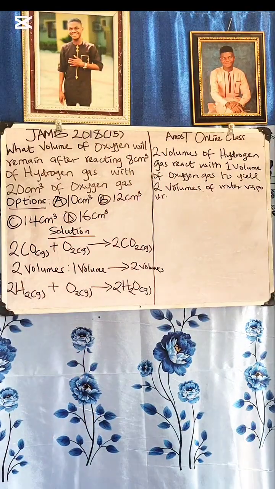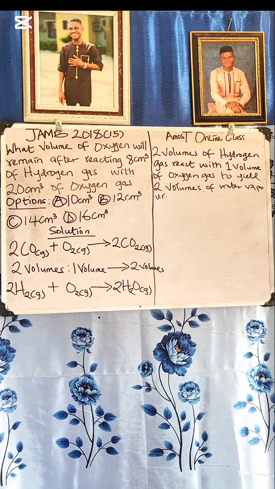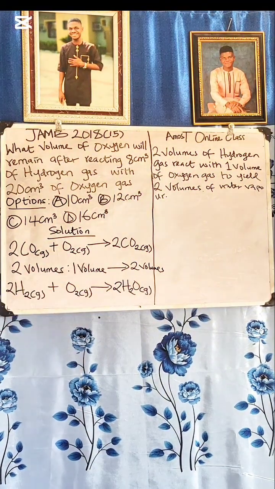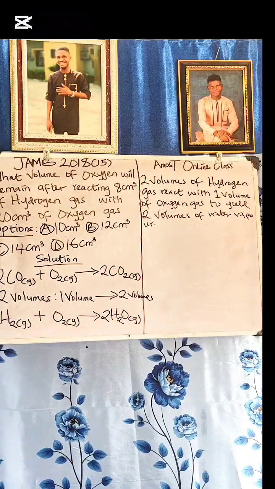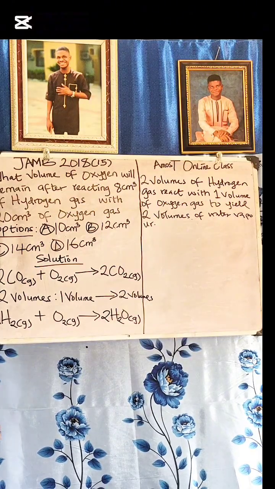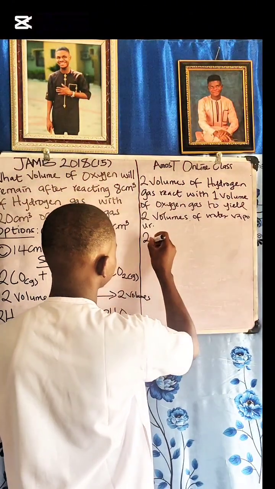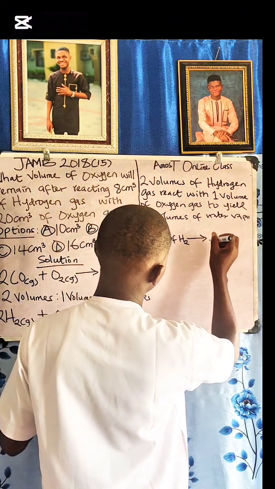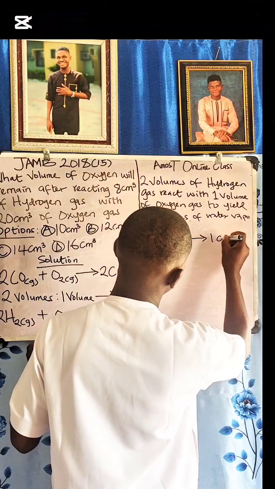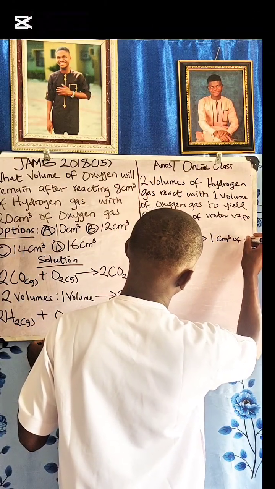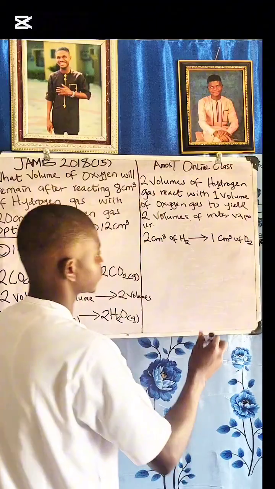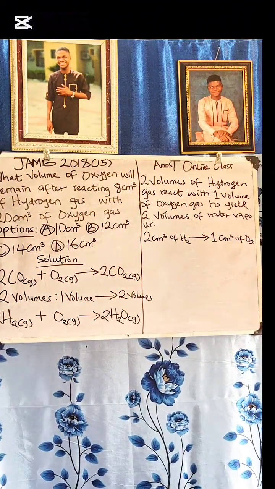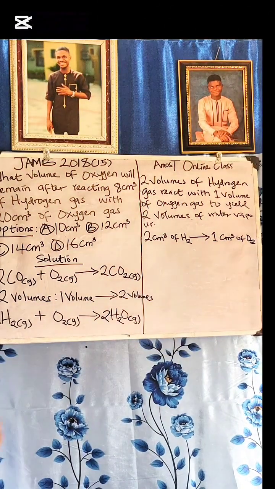So 2 volumes of hydrogen gas react with 1 volume of oxygen gas to yield 2 volumes of water vapor. So we have 2 cubic cm of hydrogen gas reacting with 1 cubic cm of oxygen gas.